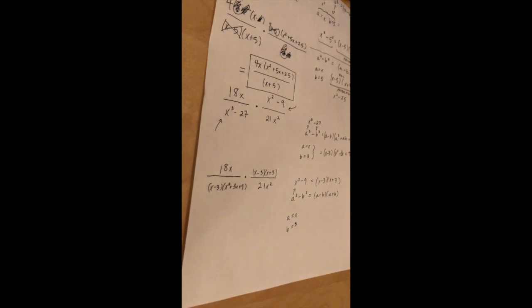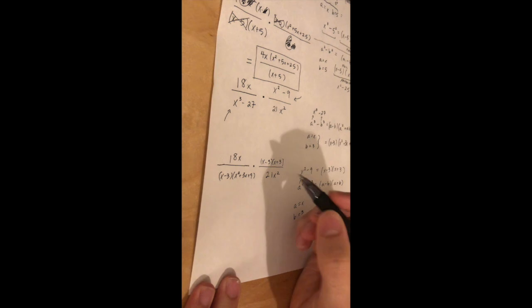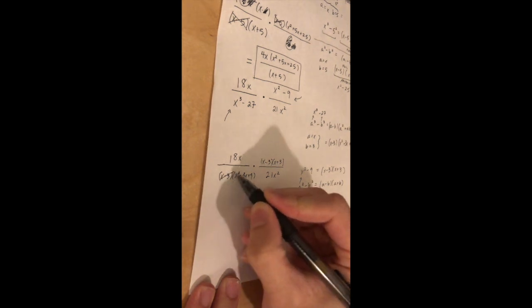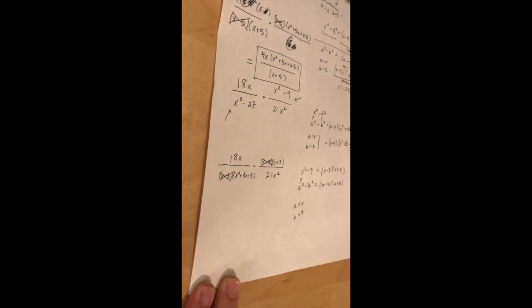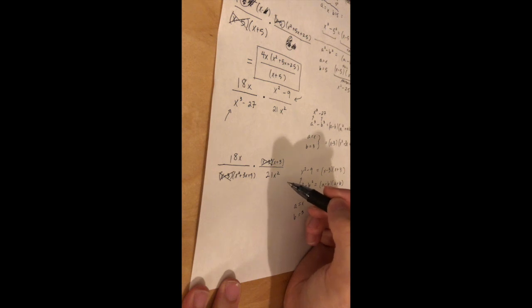Okay, now that we have factored everything, we're going to start canceling things out and try to simplify this fraction. You might notice it was a good thing that we did the factoring, because this x minus 3 is going to cancel out on top and bottom. Does anything else cancel out? Oh yes, 18 over 21.